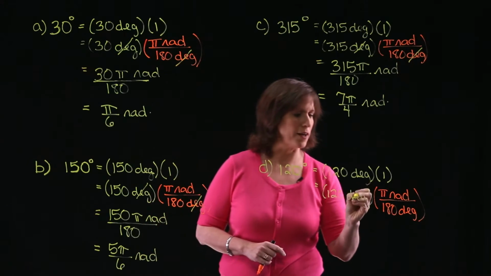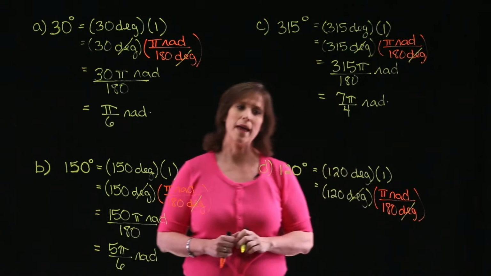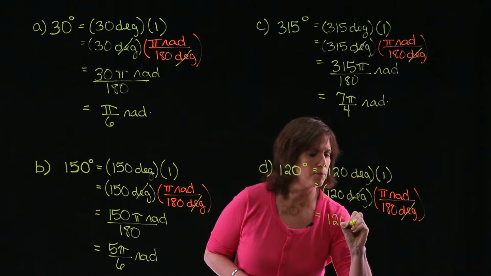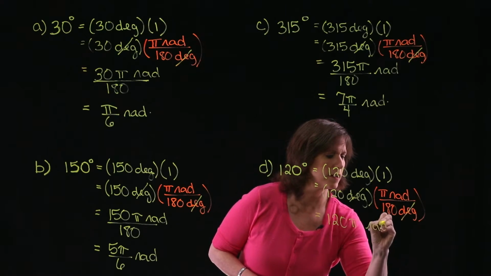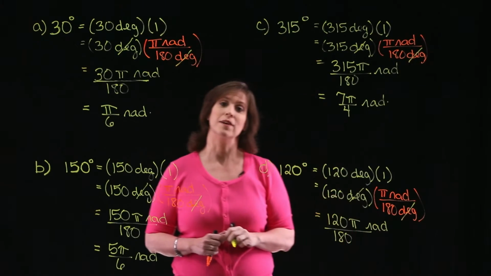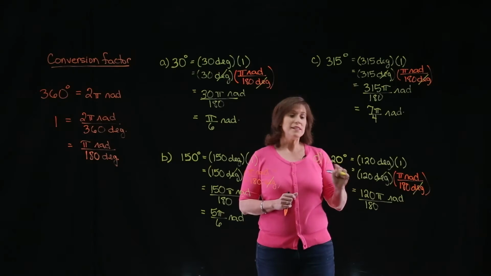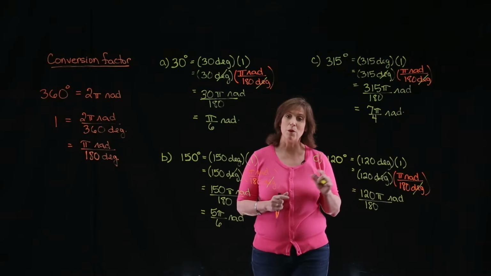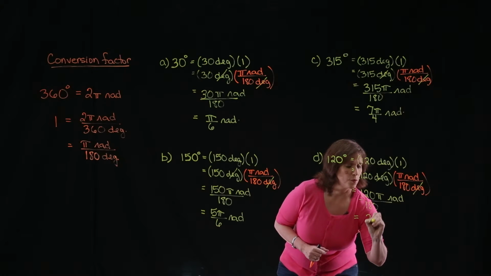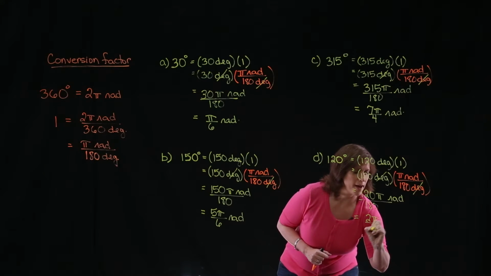Once again, my units of degrees will cancel, and I'm left with 120 pi radians all over 180. This time the fraction can be reduced by dividing both the top and the bottom by 60. And so we end up with 2 pi divided by 3 radians.